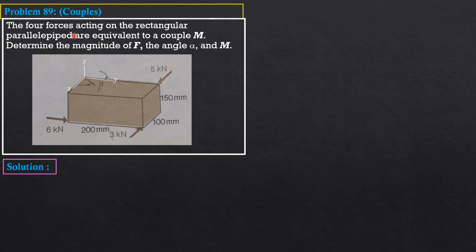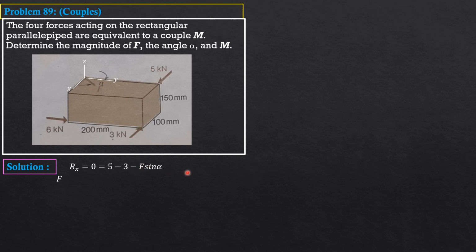Since the effect of these four forces is equivalent to a couple M, it implies that there is no resultant force, that is, Rx is 0, Ry is 0, and Rz is 0. So Rx equals 0, then it is equal to positive 5 minus 3, then minus the x component of F, because this is alpha, it is F sine alpha in that direction.